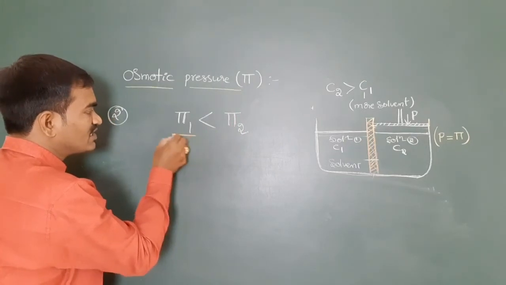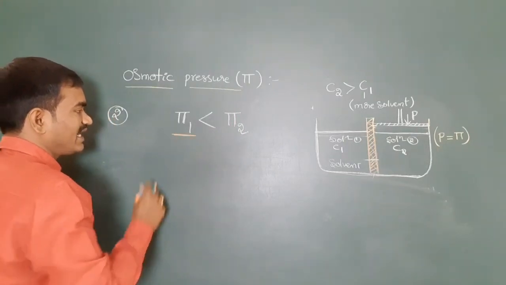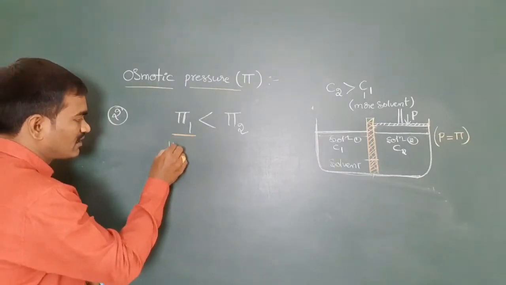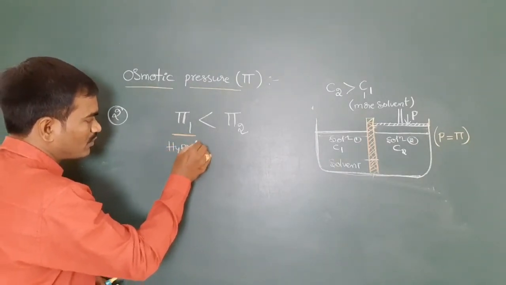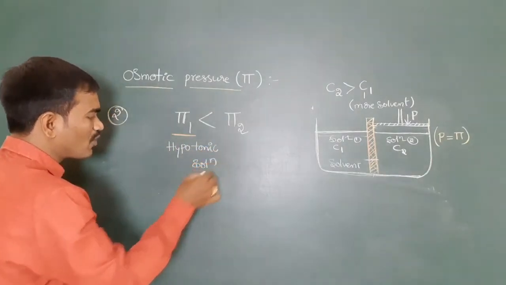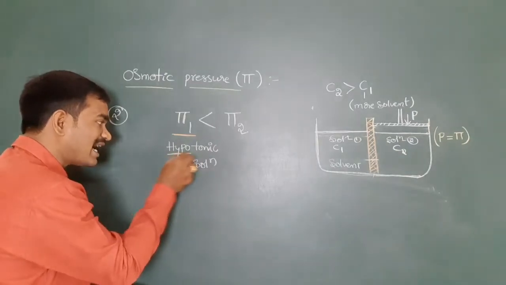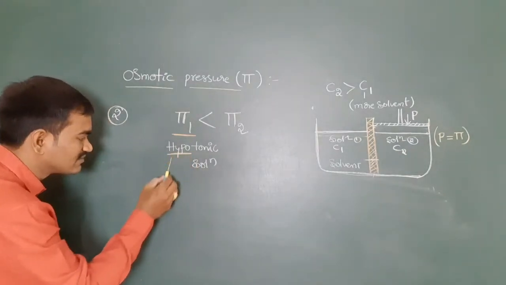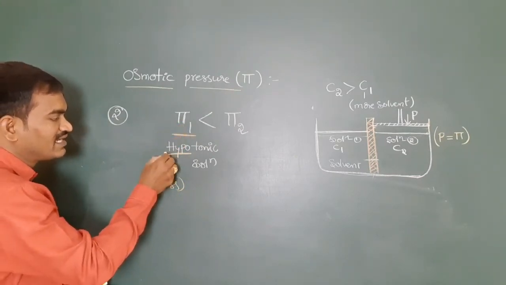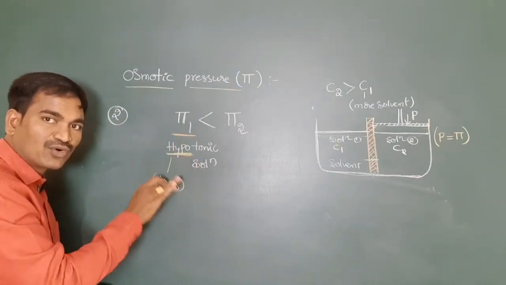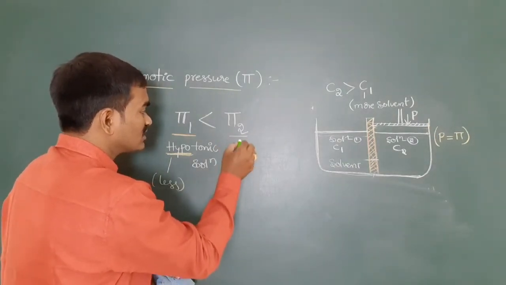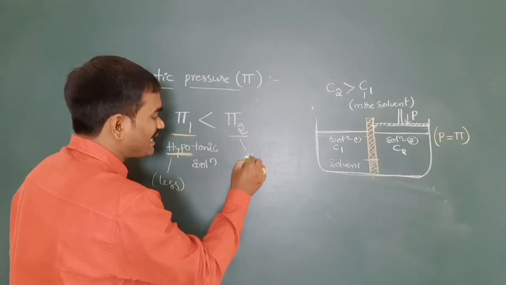So that's why this solution we call a hypotonic solution. What is meant by hypo? Hypo means less. So osmotic pressure is less, that's why we consider it a hypotonic solution. Here the osmotic pressure is high, no? That's why this is called what?